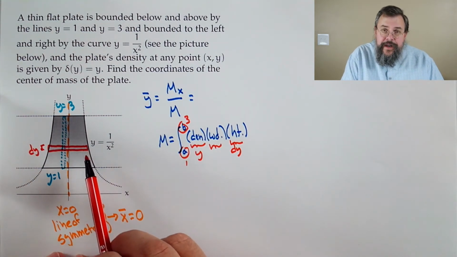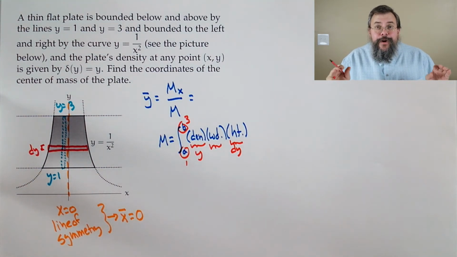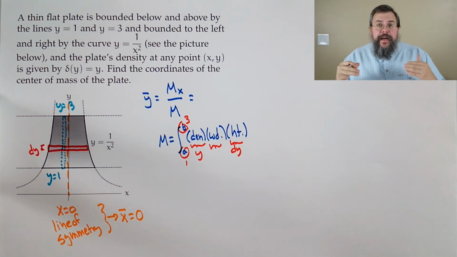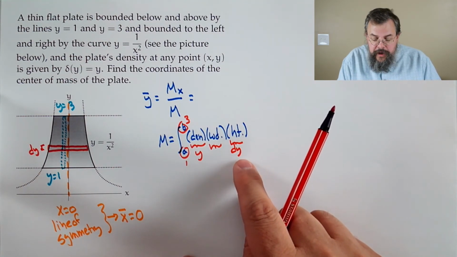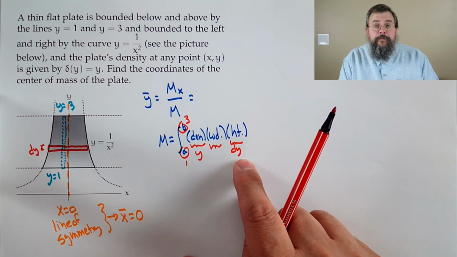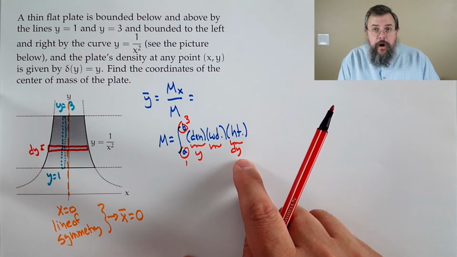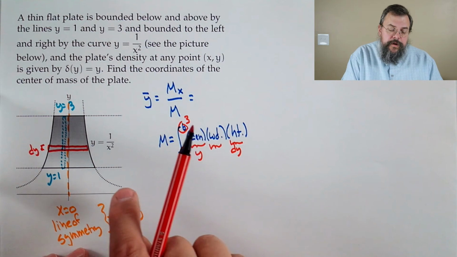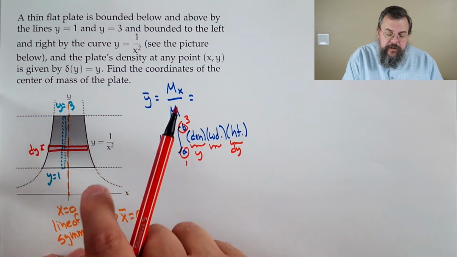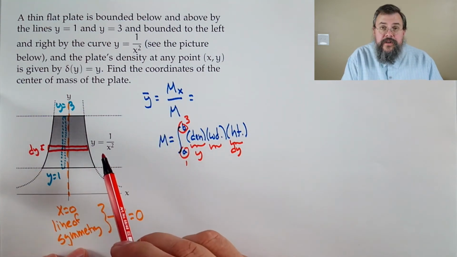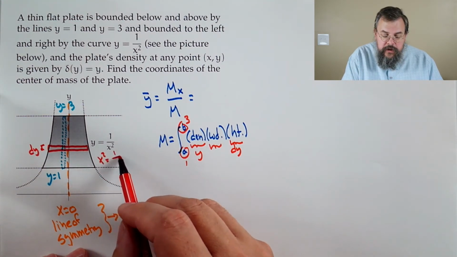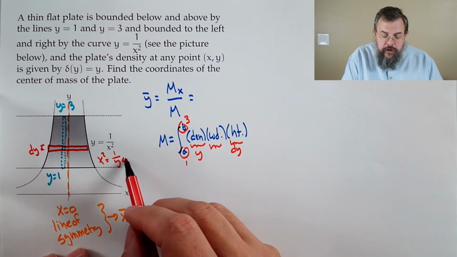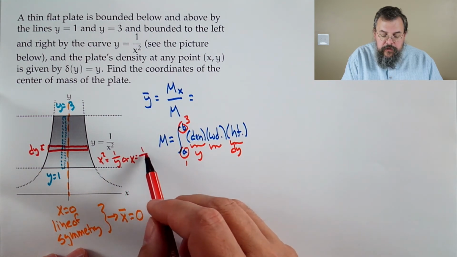Now, what about our width? Well, we say, hey, it's 1 over x squared. Wrong. Why? Because we have to have everything in terms of y. It's an integral with respect to y. That's the dy part. So if you're integrating with respect to y, everything has to be in terms of y. So when we come here, we say y equals 1 over x squared. Well, that's y as a function of x. So you can say x squared is 1 over y, or x is 1 over root y.